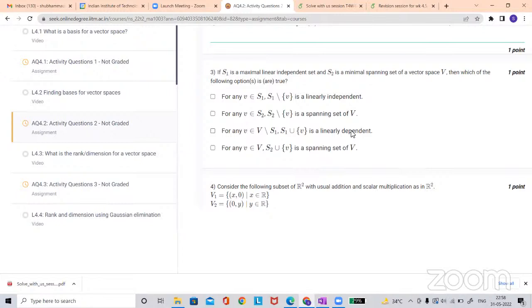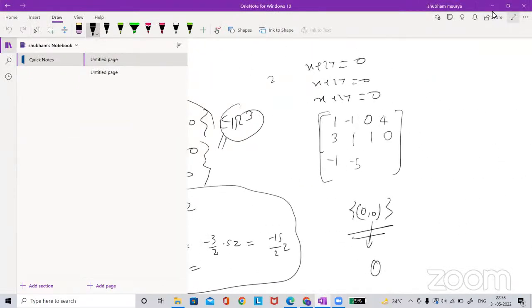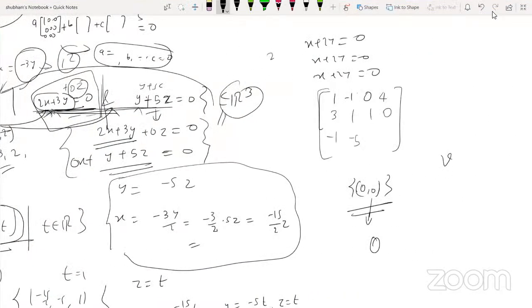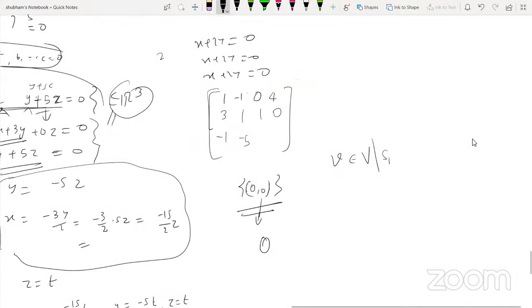Okay, this means that you are taking a vector v from a set. The set is V minus s1. The expression is capital V minus s1.